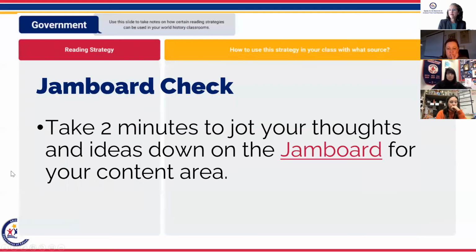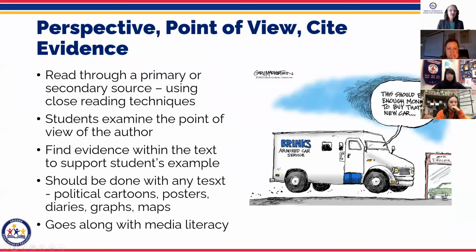All right, let's see some more. So this is one, here's an economics, or you could use this for Gov, looking at perspective, point of view, and again, making sure that our kids are citing the evidence of where they're getting it from. With this one, you have students read through a primary or secondary source using some of those close reading techniques.